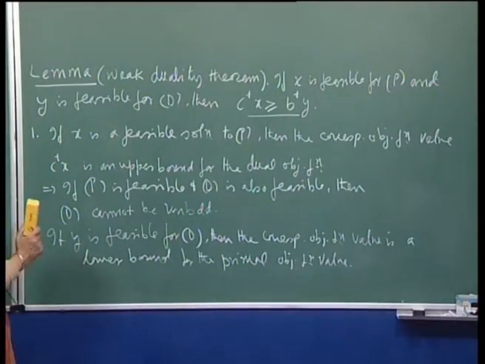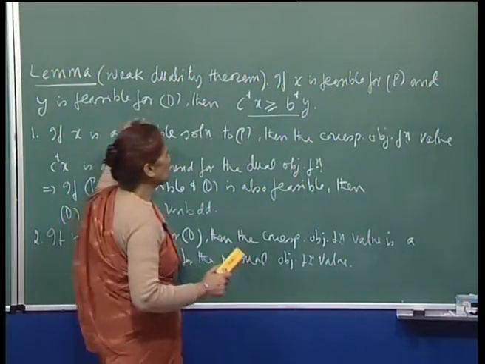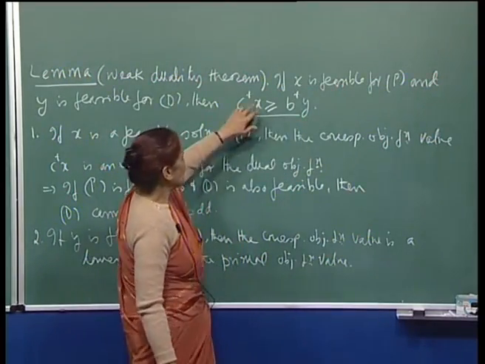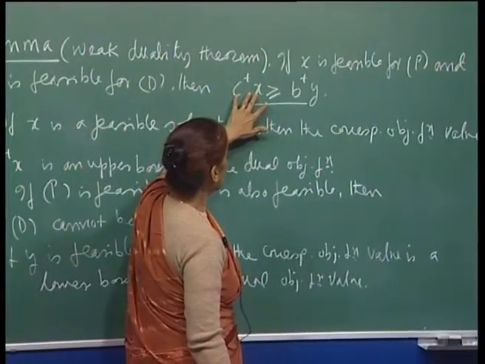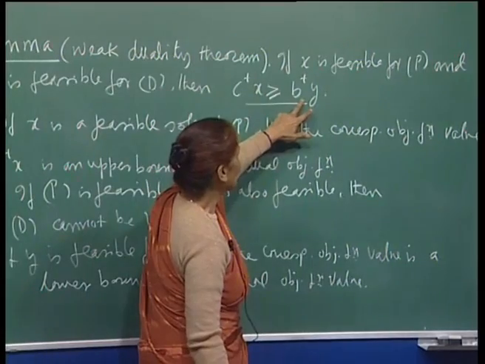So, if I have any feasible solution for the dual problem, then C transpose x is greater than or equal to B transpose y.